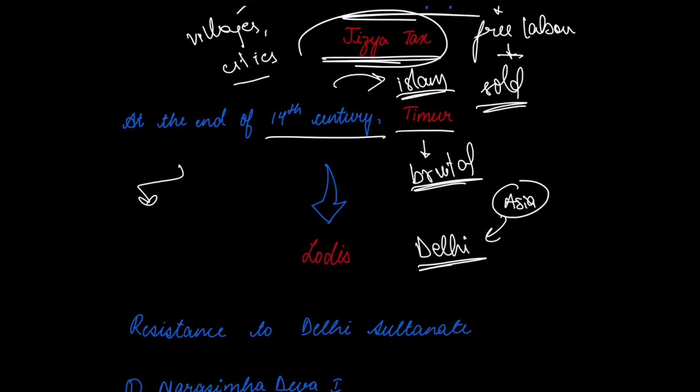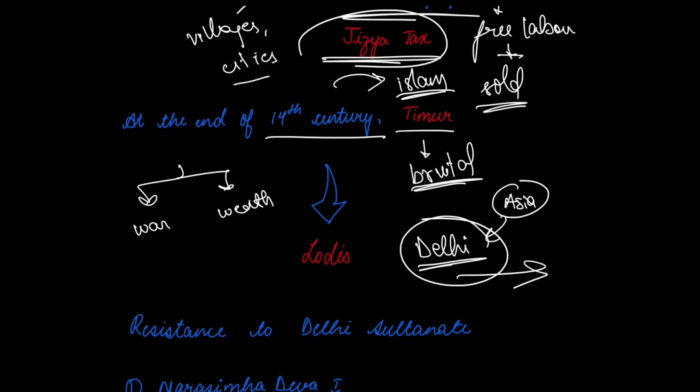His first reason was he wanted to do war, and his second reason was to plunder wealth from the people who are not in his religion. So that was his idea. He came to Delhi, he took all the wealth and left, only to leave chaos or damage in this place.